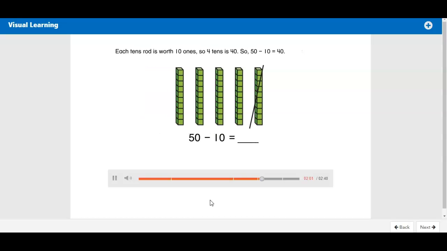Each tens rod is worth 10 ones, so 4 tens is 40. So 50 minus 10 equals 40.